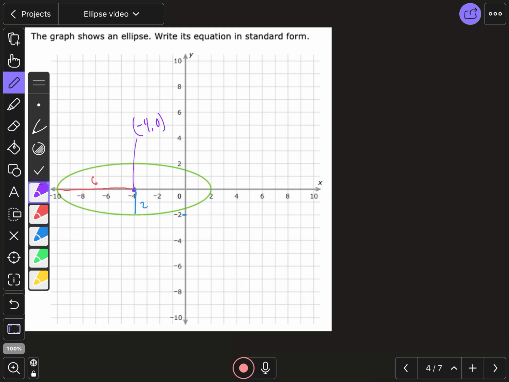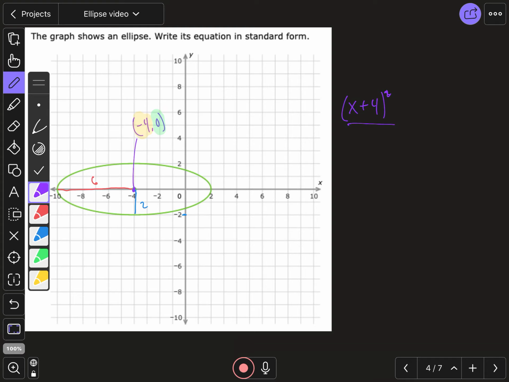So I see that my h value is -4 and my k value is 0. So x minus -4 being x plus 4. So there's that sign switch. We're going to square that in parentheses.